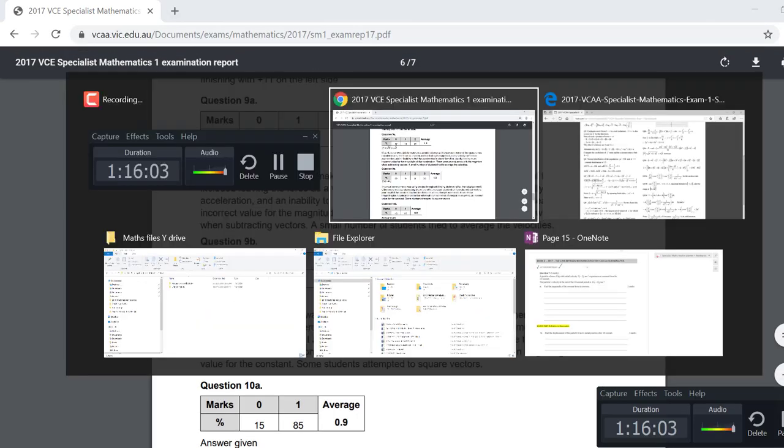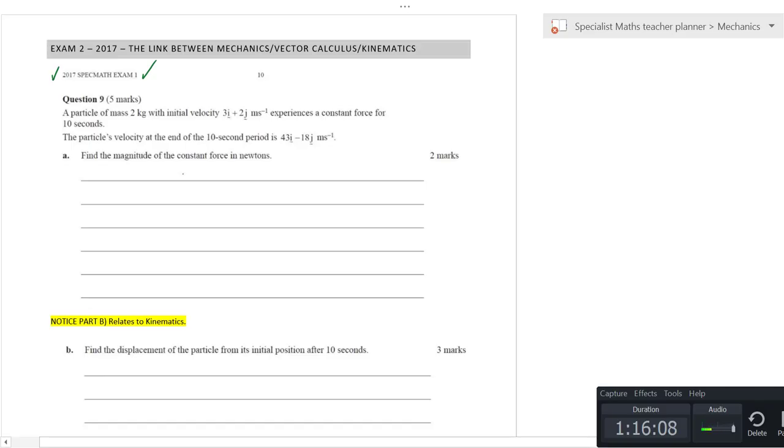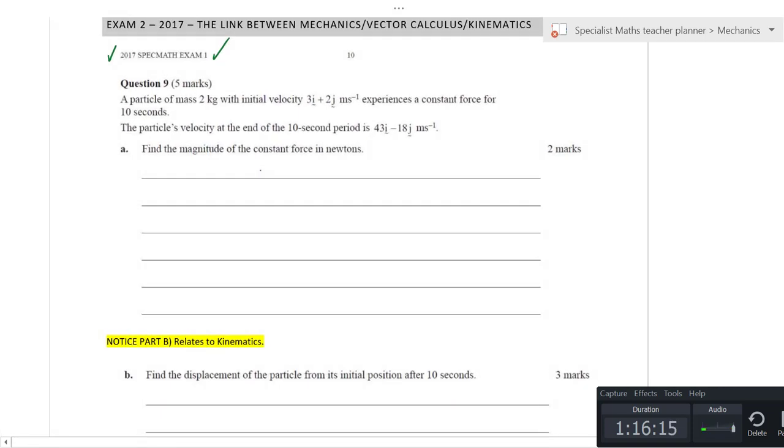Okay, so the last question, you can see here from the 2017 exam, the relationship between force, vectors, vector calculus, variable forces, these sorts of things. It says a particle of mass 2 kilograms with an initial velocity of 3i plus 2j, so at t equal to 0, v is equal to 3i plus 2j.